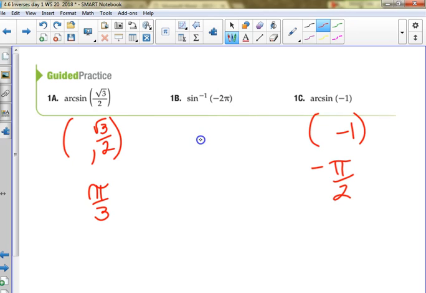For some reason, the book put a whole bunch of questions on here that are not possible. This is one of them because this is saying, yes. This is the answer because this means I'm looking for an angle. Find the angle whose sine is -1.